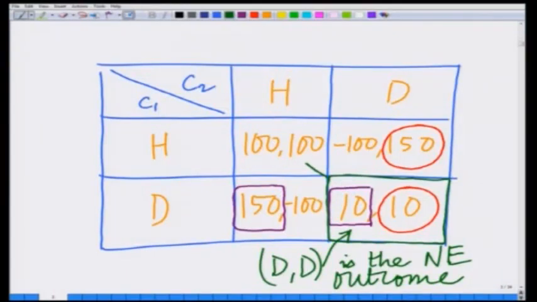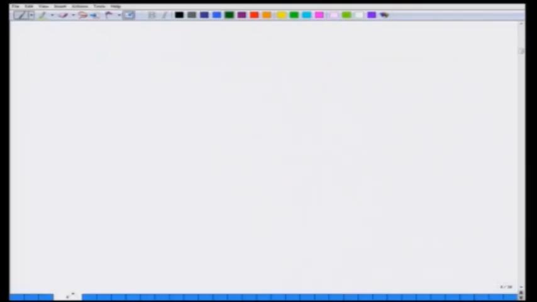If both the countries choose H comma H, both of them can simultaneously improve their payoff, because country 1 can improve its payoff from 10 to 100, and country 2 can improve its payoff from 10 to 100. Therefore, D comma D is not a Pareto optimal outcome.